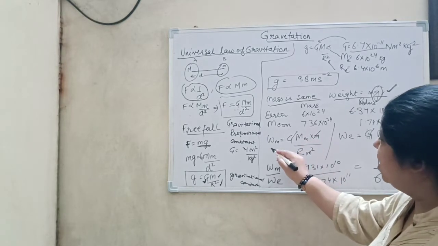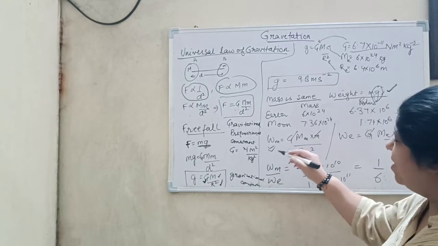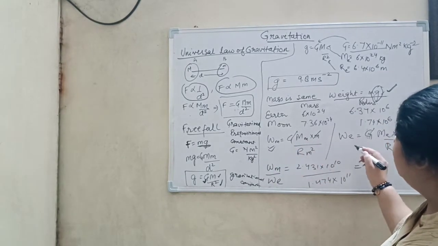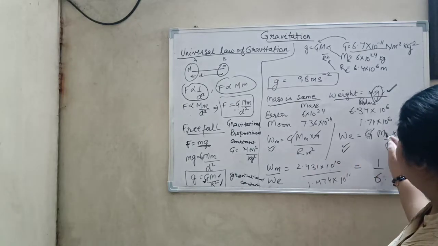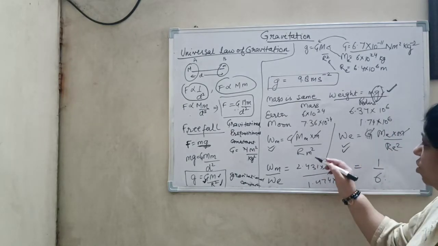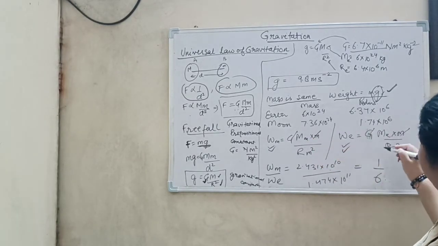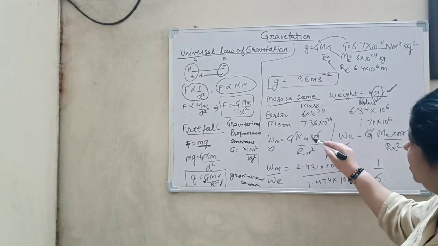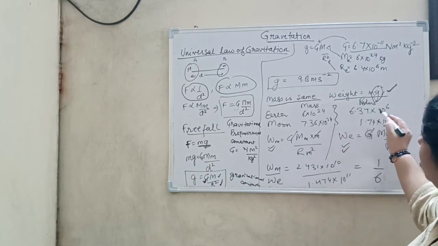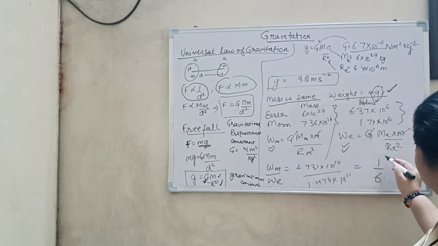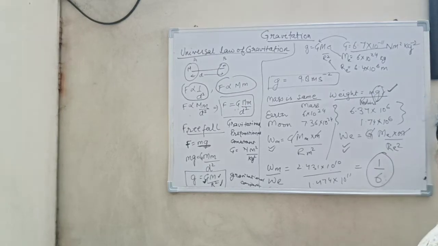You will put the value of weight equal to F. You will put all the values for weight on earth, you will divide, g and g will get cancelled, m and m will get cancelled, you will put the values given here, and you will get 1 by 6.